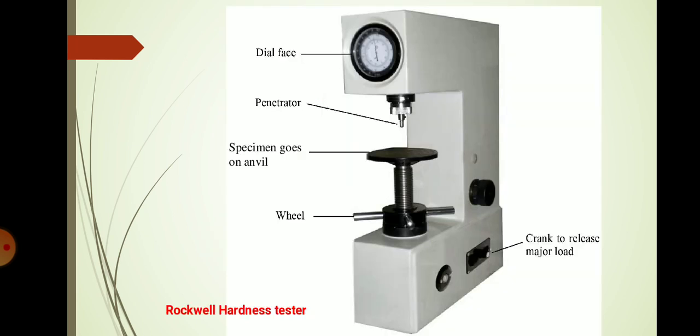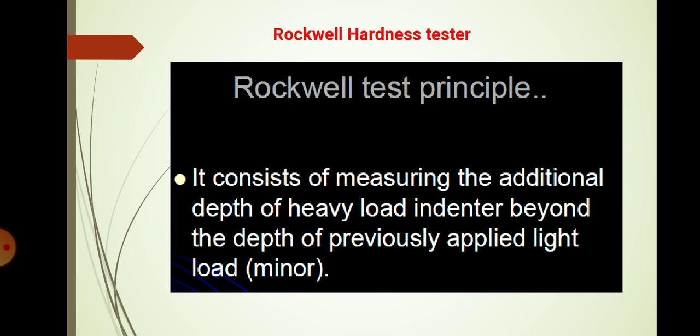So in this test one Rockwell hardness tester is there, under which we are testing the specimen for finding its hardness. The basic principle of the Rockwell test is that it consists of measuring the additional depth of the heavy load indenter beyond the depth of the previously applied light load or minor load.